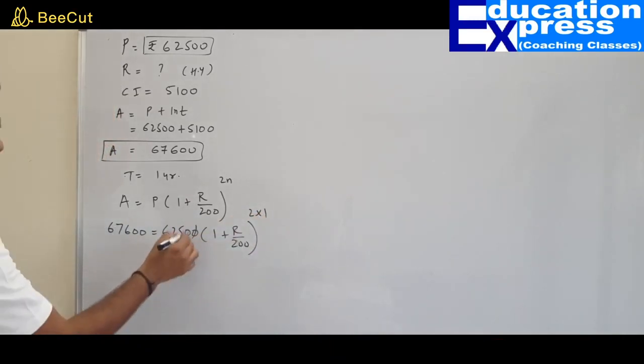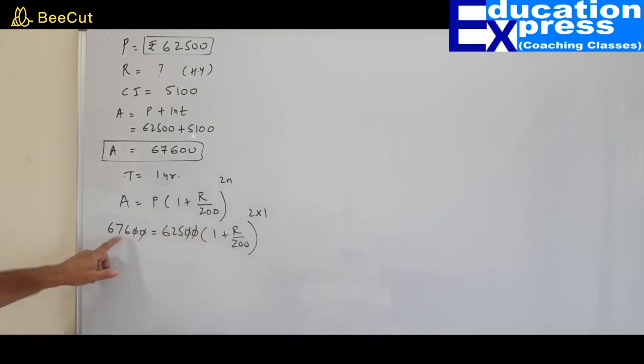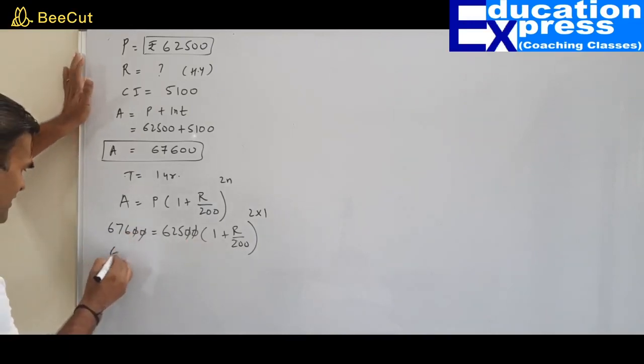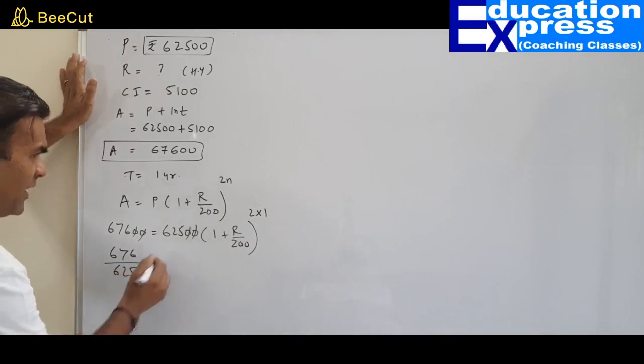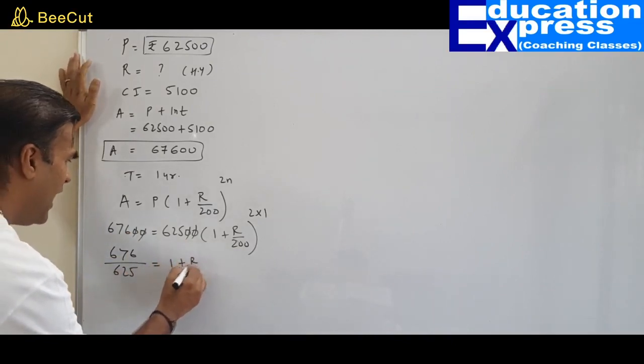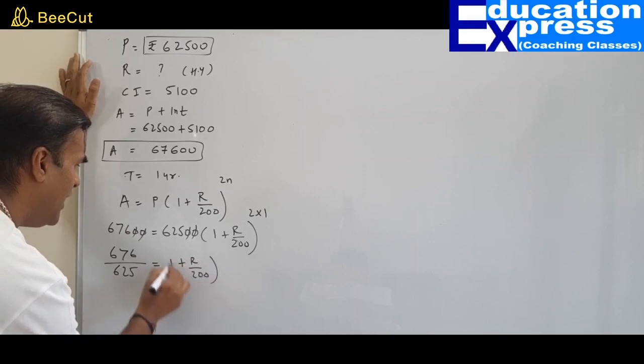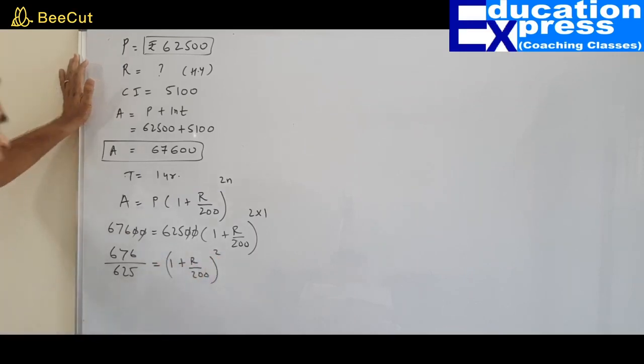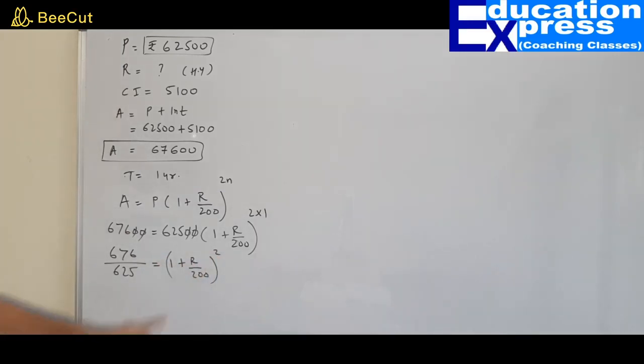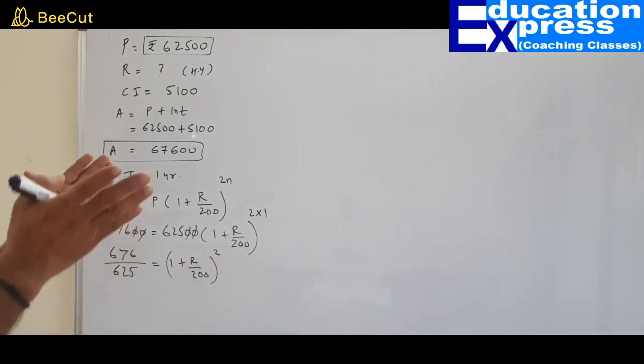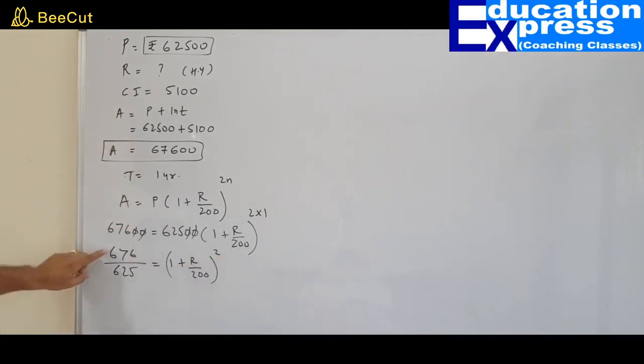So my dear friends, 676 upon 625 is equal to (1 plus R upon 200) raised to 2. My dear friends, this is a square. This has to be a square so that we can take the square root on both the sides.